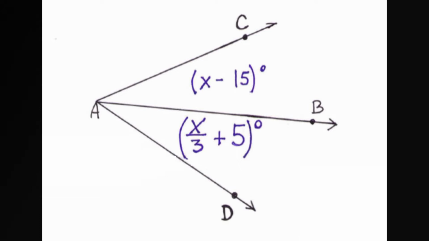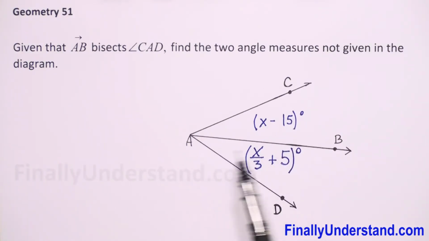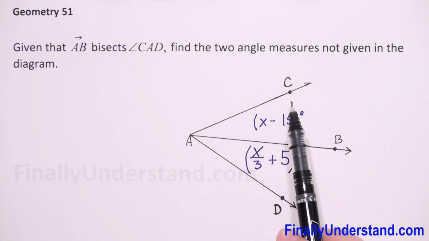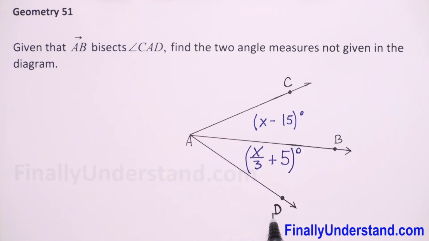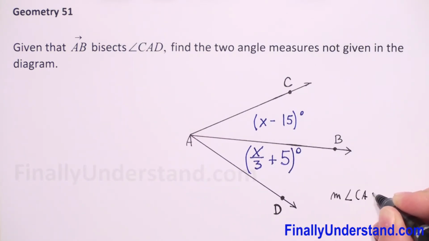We are given that ray AB bisects angle CAD. What it means is that ray AB divides our angle CAD into two angles, and these two angles are equal. So the measure of angle CAB is equal to the measure of angle BAD.